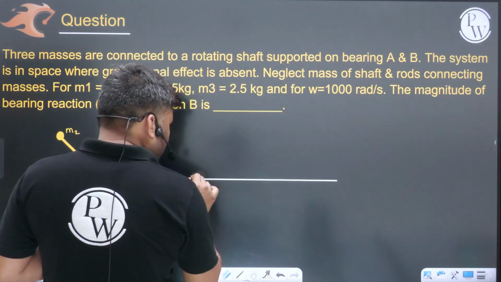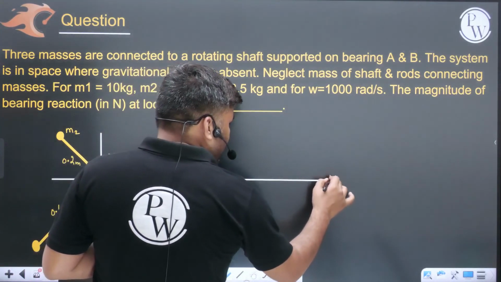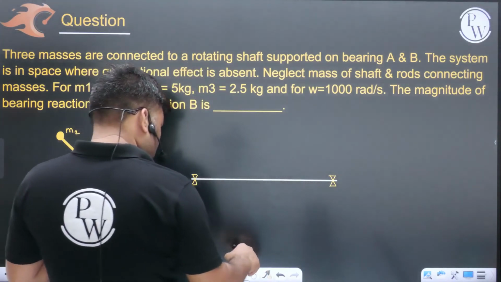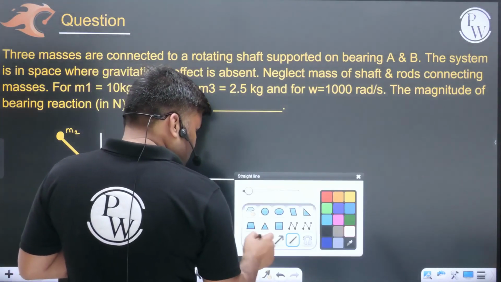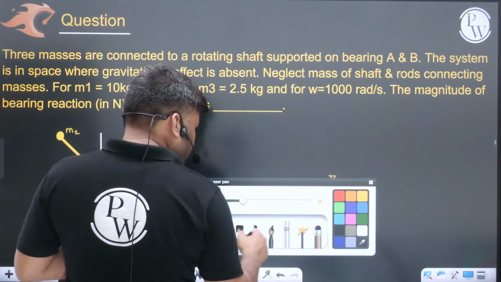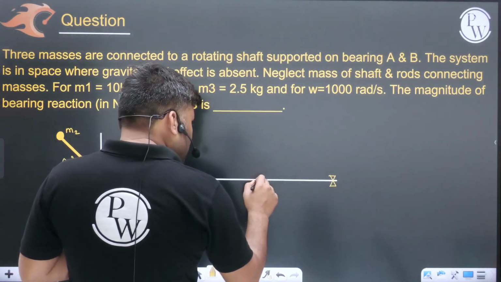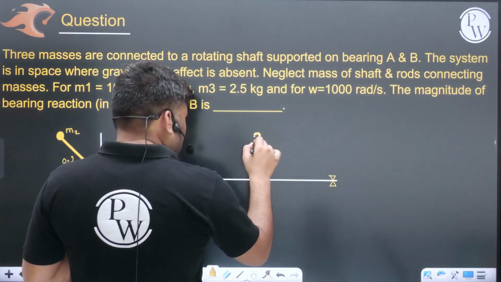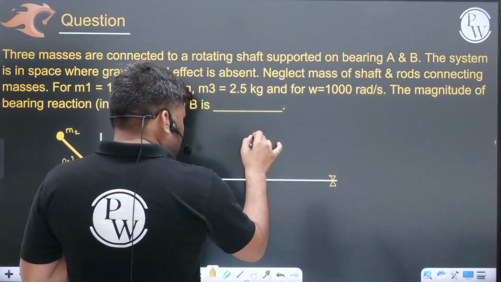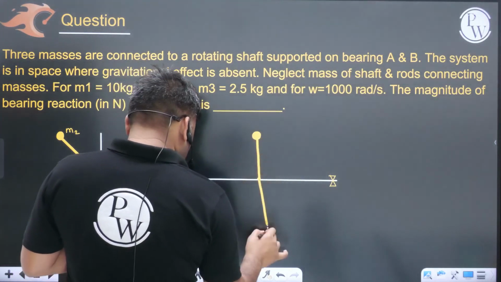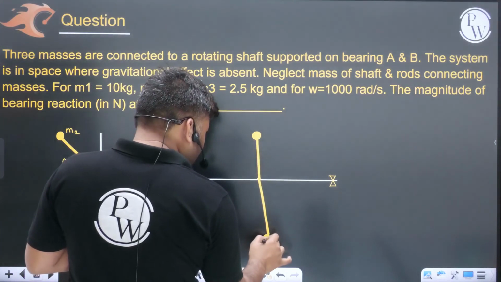Here we have bearing, here we have bearing, है ना. And all these masses, front say if you'll see, one mass is here, another mass seems to be here. एक ही plane में है, same plane में है बेटा.